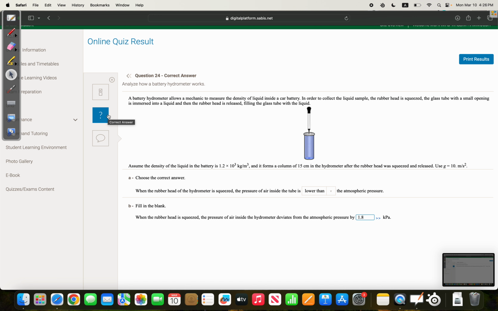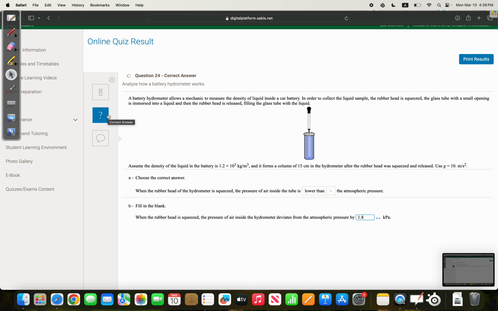Assume the density of the liquid is 1200, or 1.2 times 10 to the power of 3, and it forms a column of 15 centimeters in the hydrometer. When the rubber head of the hydrometer is squeezed, the pressure of the air is lower than the atmospheric pressure.